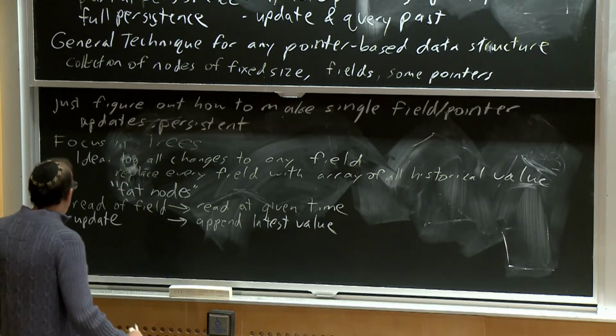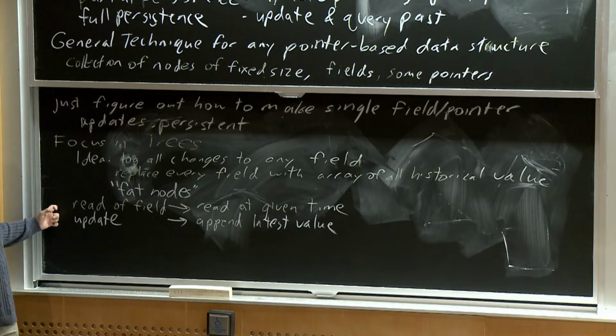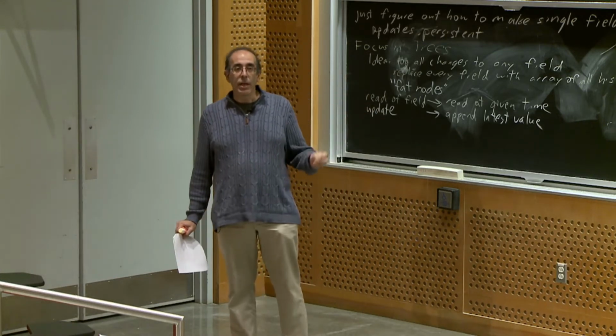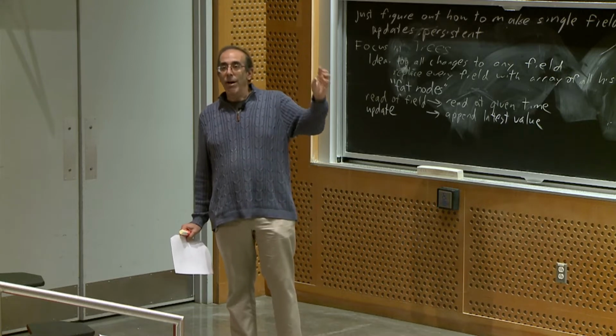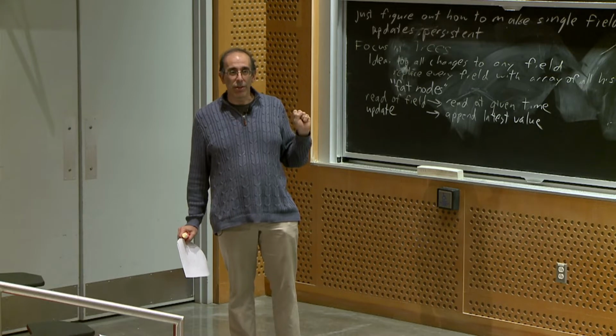And so if we provide these richer reads and updates at the individual field level, that lets us now perform the data structure operations. For example, if somebody tells you, I have this persistent binary search tree, and I want to perform a search for the following key, well, now you have to add a second argument, which is when you want that search to happen.